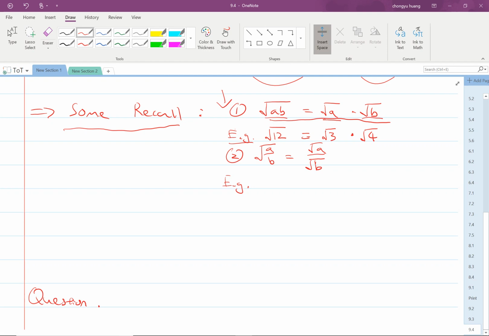Let's look at the second property. The square root of A over B is equal to the square root of A over the square root of B. For example, the square root of 2 over 5 is equal to the square root of 2 over the square root of 5.